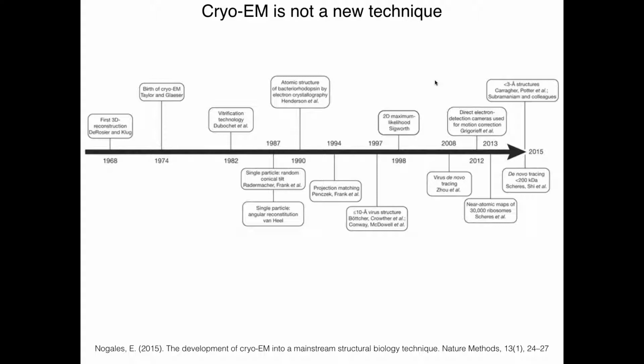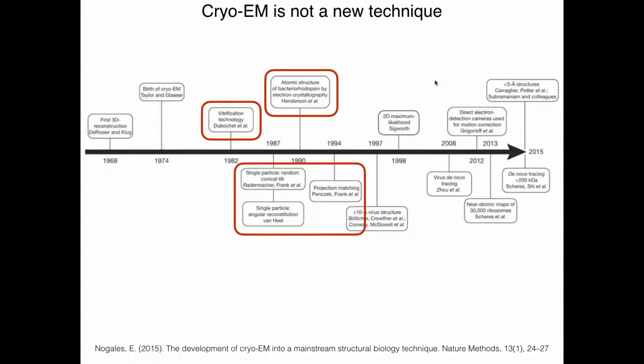The initial ideas were introduced in 1974 by Ken Taylor and Bob Glaeser with 2D crystals, but then the technology was really pioneered and developed by Jacques Dubochet throughout the bulk of the 80s, where he developed the actual instruments, the plungers, the instruments that allowed you to vitrify first frozen water and then macromolecular objects, and he did this with many samples.